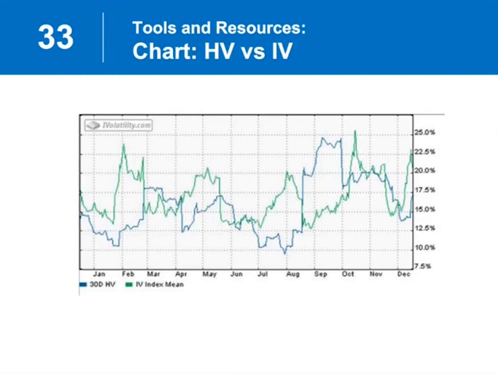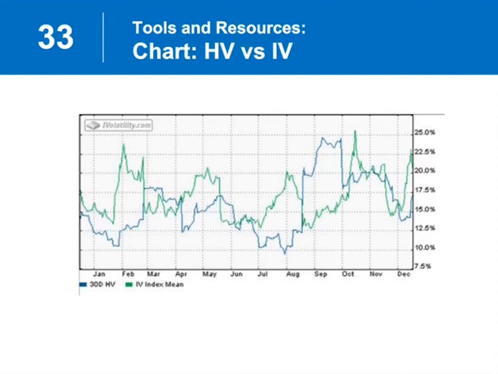But the all-important second line, that green line, is the implied volatility and what it has done. And again, just like the underlying price chart, this is over the course of the last year. So you can see the relationship between the historic vol versus the implied vol.